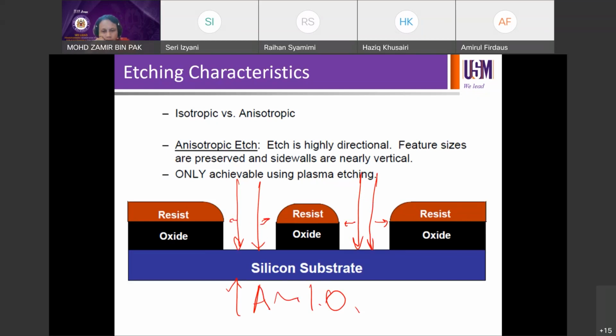So approaching 1 means it's highly directional, one direction. The horizontal component is very, very small. Feature sizes are preserved and side walls are nearly vertical. Your feature size here refers to the CD of the resist, which is preserved. Even though you don't get perfectly vertical, it's nearly vertical. Usually it's a bit plus.